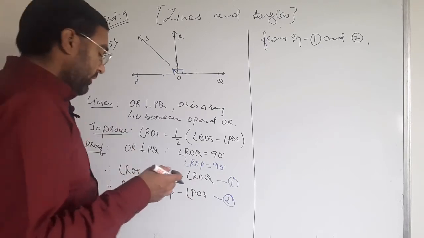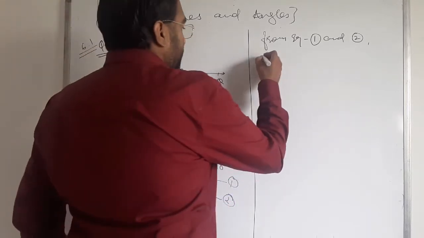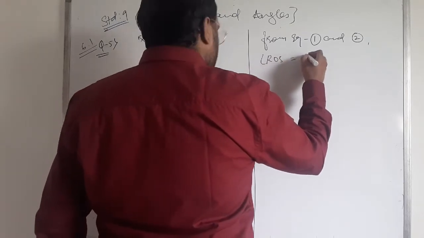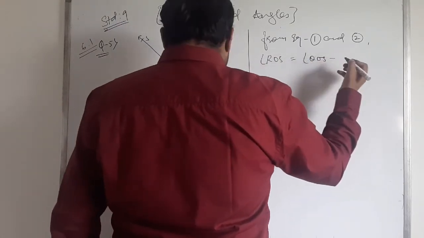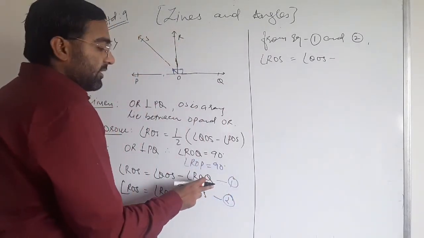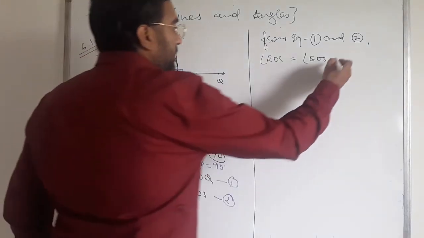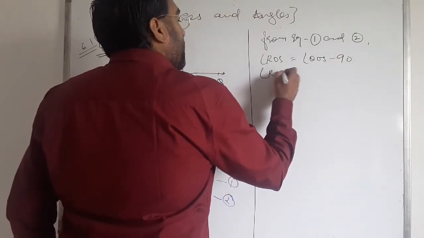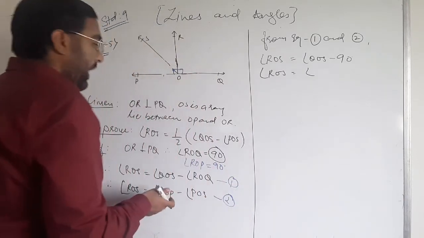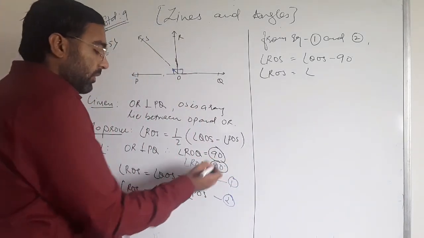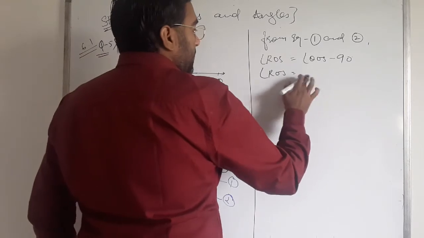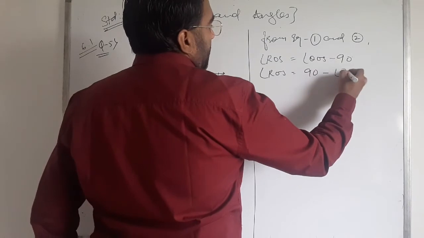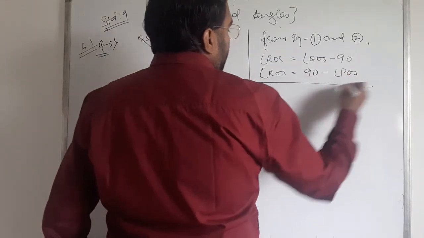So ROS is equal to QOS minus ROQ, which is 90 degrees, so I'll write it here as 90. And the second one, ROS is equal to ROP, which is also 90 degrees, minus POS, so 90 minus POS. So now we have to add them.